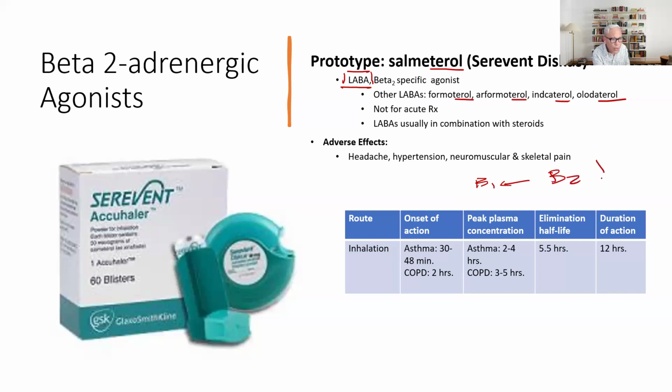Okay, so you increase beta-2, that's agonist. You could also increase beta-1 as a result of that. So what are the most common side effects of these medications? Well, headache, hypertension, neuromuscular, as well as skeletal pain. And that's because of the overstimulation of beta-1. Okay?